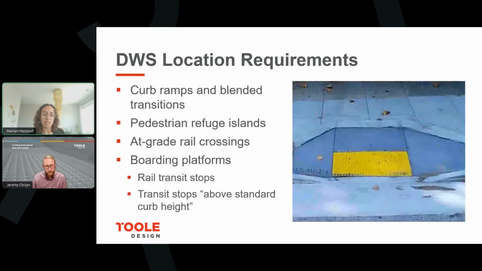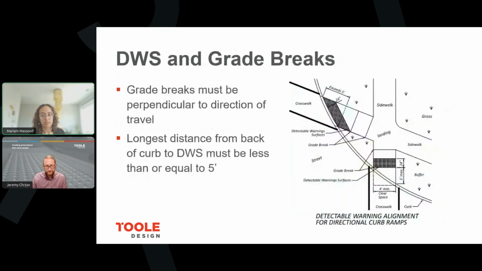And then if that distance did exceed 5 feet, you would move the grade break and install the detectable warnings along the back of the curb, kind of like what we saw in the depressed corner images.